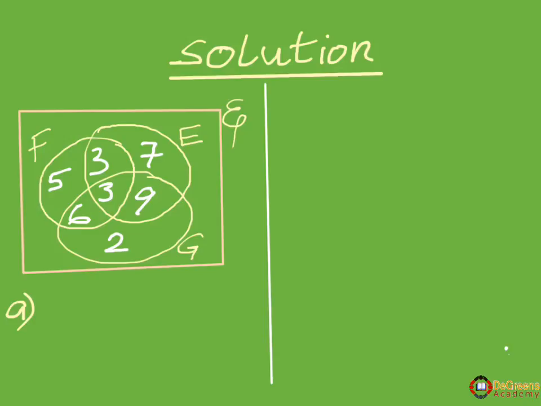A, you were asked to find how many students studied French and English. So French and English is the same as F intersection E. And talking of how many students, we are talking of a number. Therefore, we are talking of cardinal number.